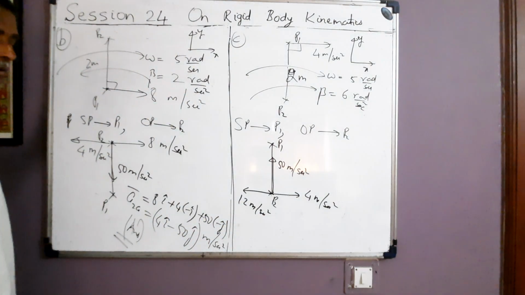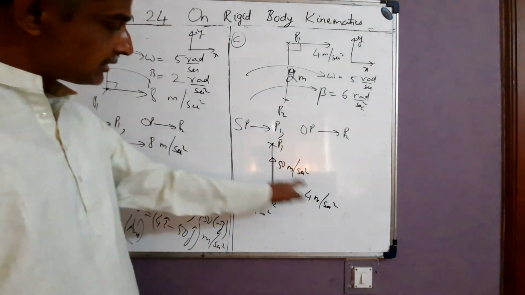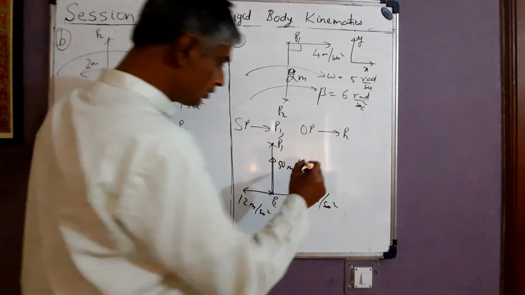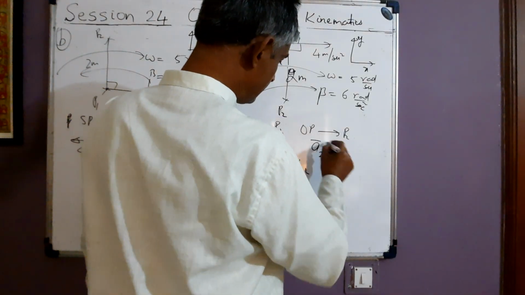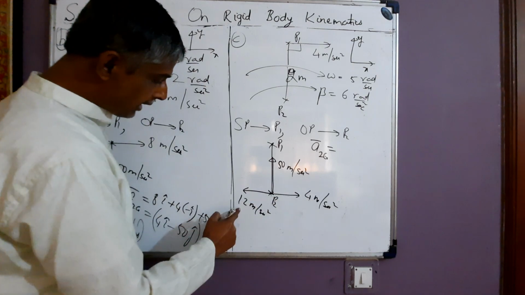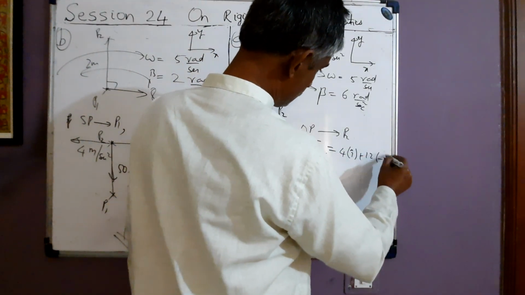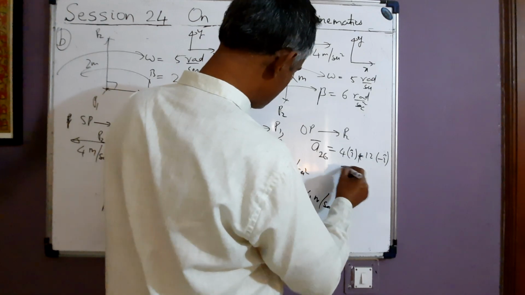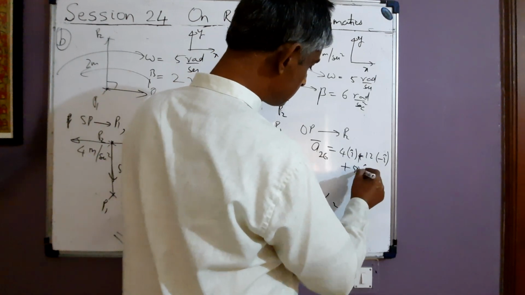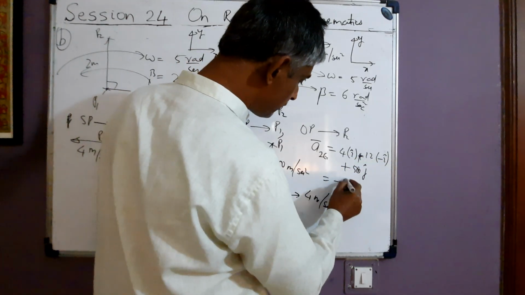Okay, fine. Now acceleration of P2 with respect to ground is the vector sum of these 3 terms. Alright. So what do we write? A2G is equal to 4 i hat plus 12 times minus i hat plus 50 j hat. So 4i minus 12i becomes what?